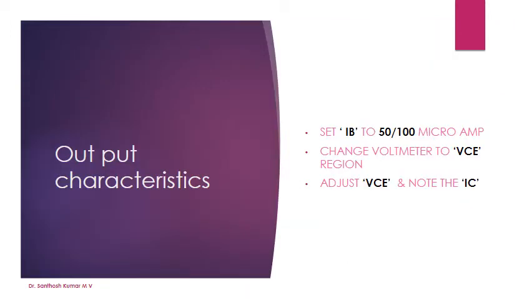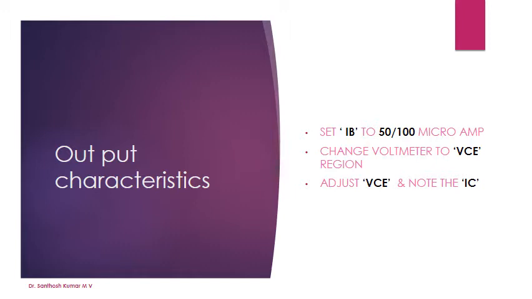The output characteristic study of the transistor is carried out by first setting IB to 50 or 100 microamperes, and then changing the voltmeter to the VCE region, and then adjusting VCE to the value given in the tabular column. Note the corresponding IC.